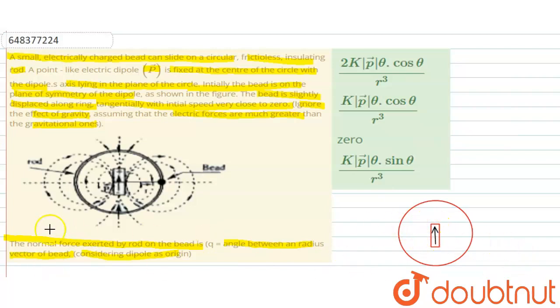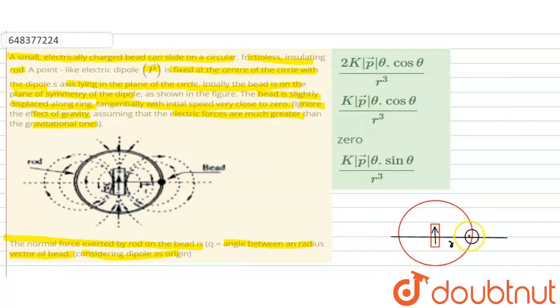This is the direction of dipole moment. This is the axis which is in the plane of symmetry of the dipole, and a bead is present at this point, and here R is the radius vector.